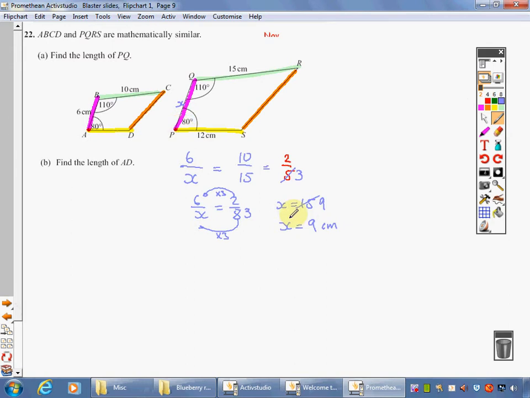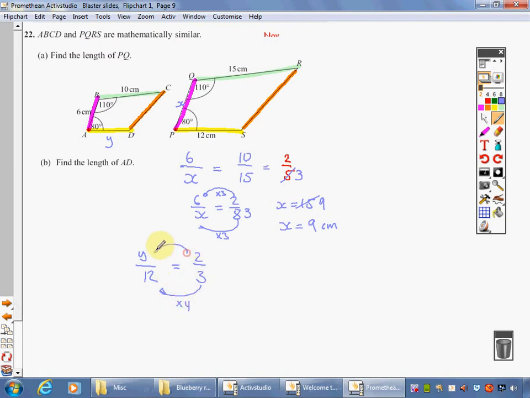Okay, next bit. Find the length AD. I want to get A to D. I'm going to call that length y. So y divided by 12, it's the yellow bits. It's got to be equal to, well, I already know what it was. 2/3 was my simplest bit. 2 over 3. That's been times by 4.